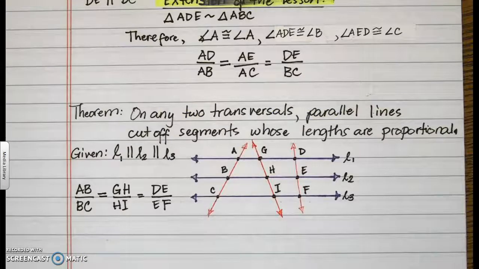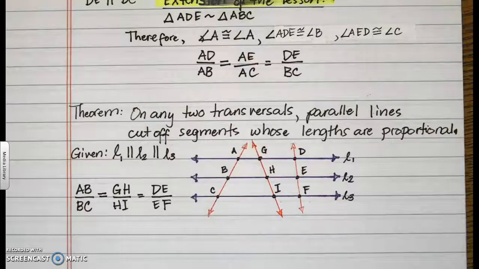So the next theorem on segments divided proportionally has something to do with parallel lines that are cut by a transversal. On any two or more transversals, parallel lines cut off segments whose lengths are proportional. So in this particular case, we have line 1 parallel to line 2, parallel to line 3.